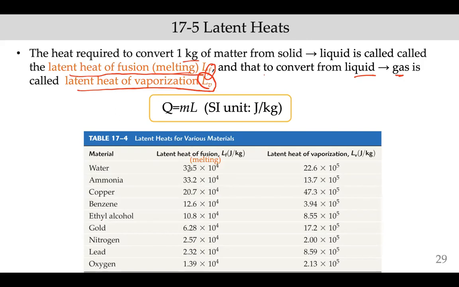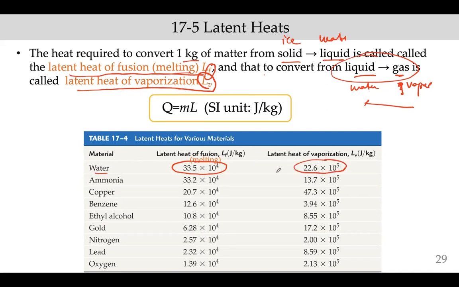So here's a table. If you are converting solid to liquid, so ice to water, then you have to use this value. But if you're converting from water to gas, which is vapor, or vapor to water, doesn't matter. If it's a liquid-gas phase transition, then you have to use this value. If you're dealing with oxygen, gold, or benzene, or any other material, depending on the phase transition, if it's melting, you use this column.